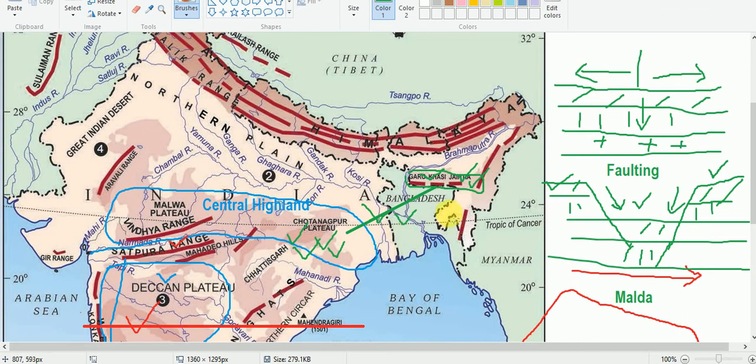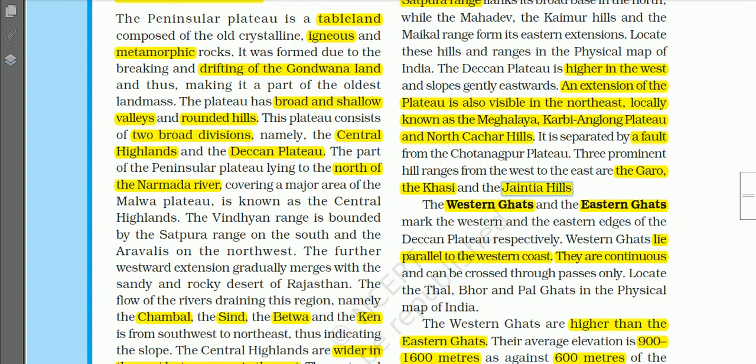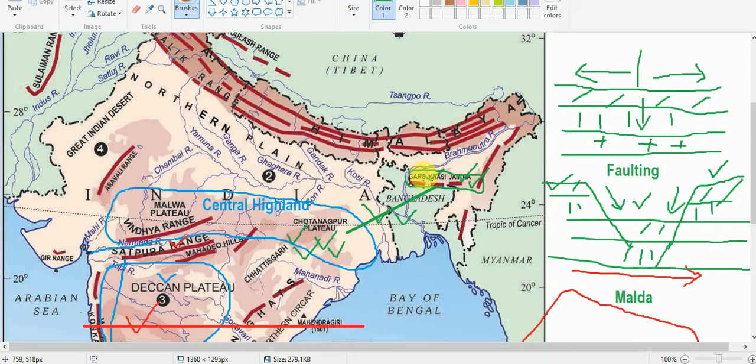And this Shillong Plateau has many subdivisions. Very old hill ranges are there from the west to the east: the Garo, the Khasi, and the Jaintia hills, as you find here. Here we have the Garo in the middle, the Khasi, and Jaintia. Karbi Anglong is also somewhere here.